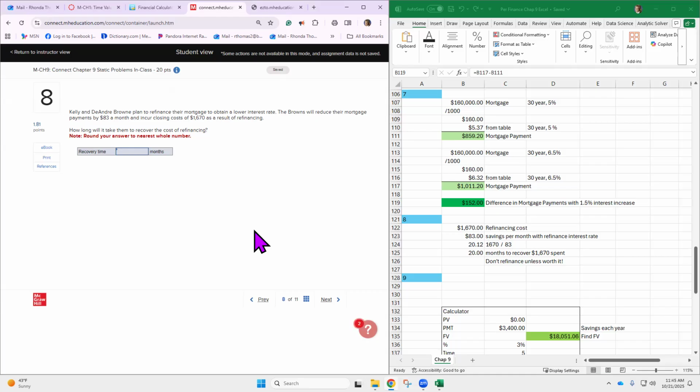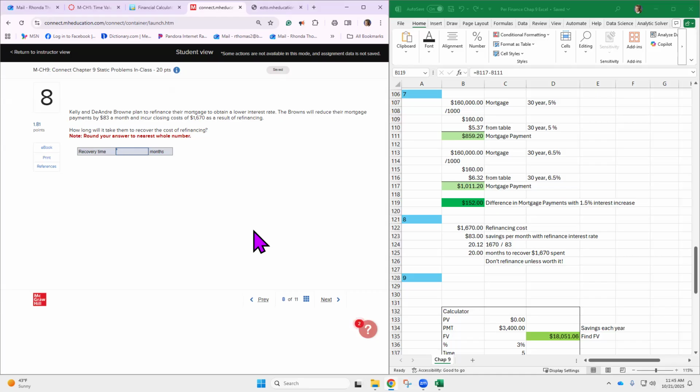They got to recapture that back before they can really start to see some savings, right? So if you take that 1,670 and divide by the amount of the savings, that's about 20.12 months before they'll actually recuperate their costs.